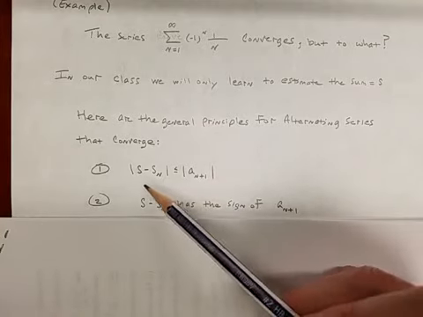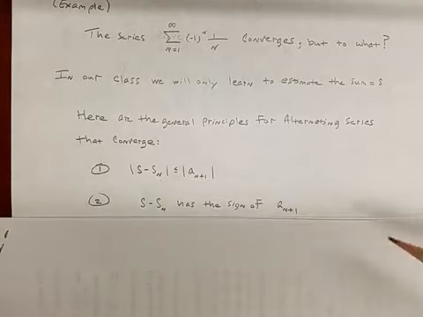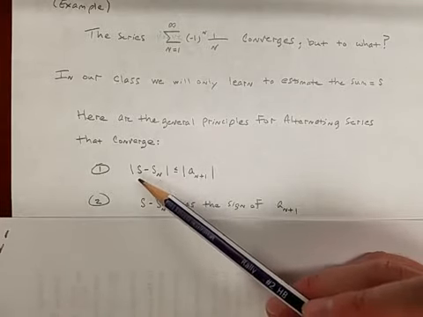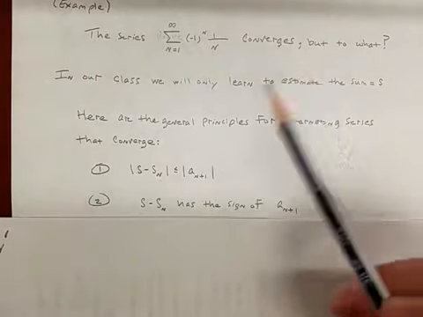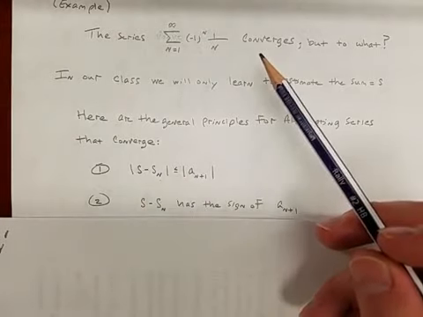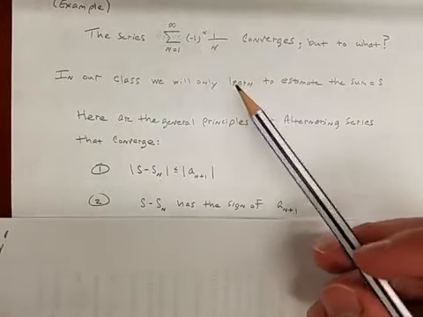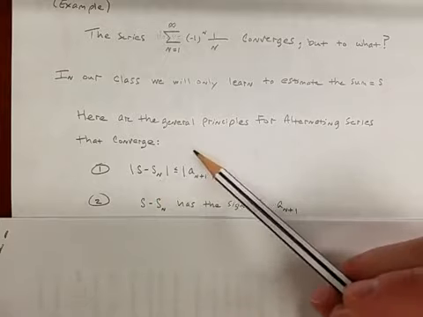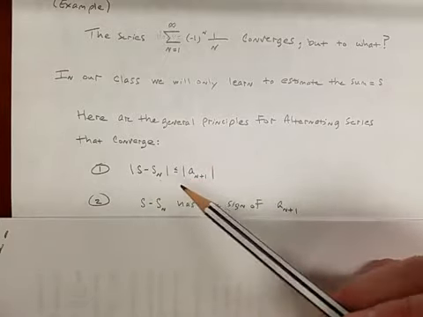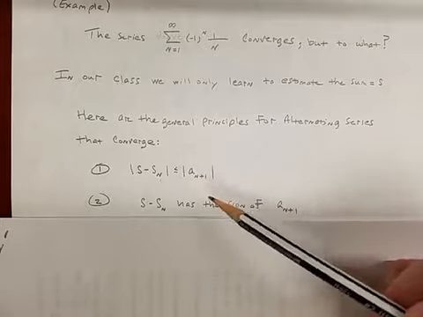It tells you how close the partial sum gets to the sum. That makes sense. The partial sum is close to the sum anyway, isn't it? If it converges, the more terms you add, the closer you get. Yeah, if the series converges, that's what happens. But for an alternating series, that's how close those two are. If you subtract them, you get less than this.